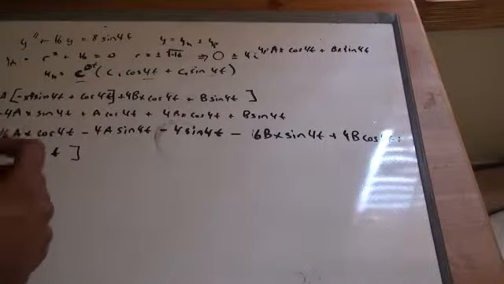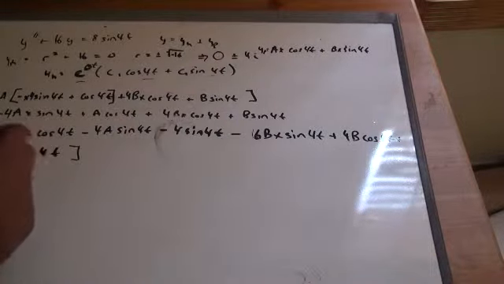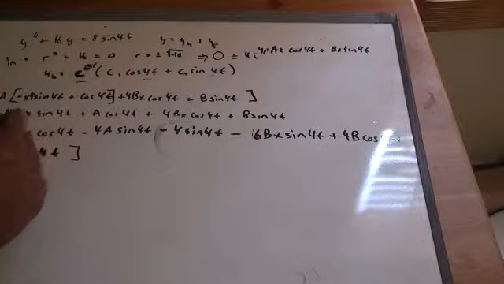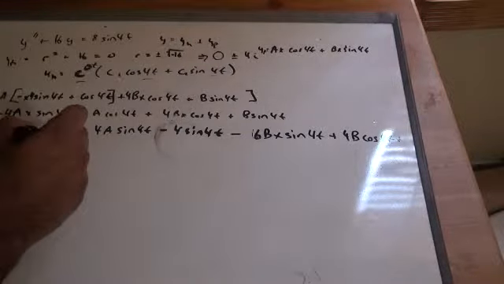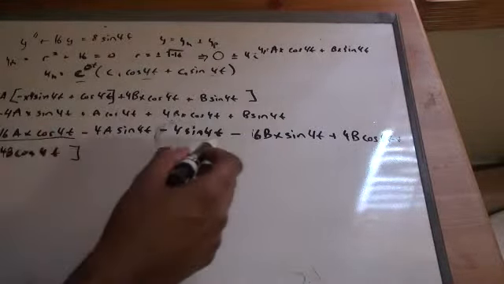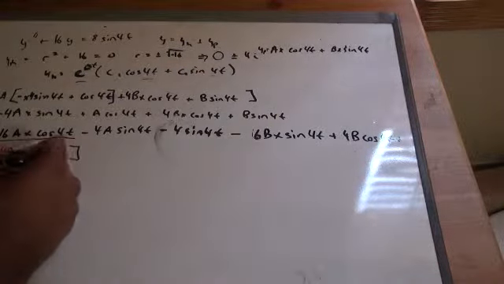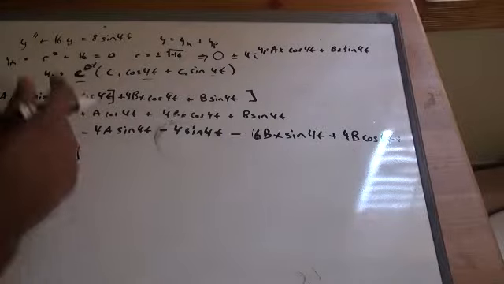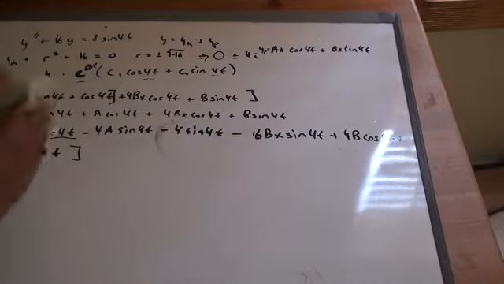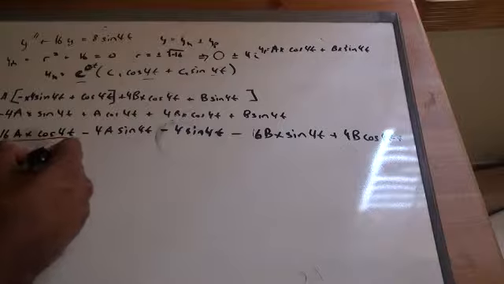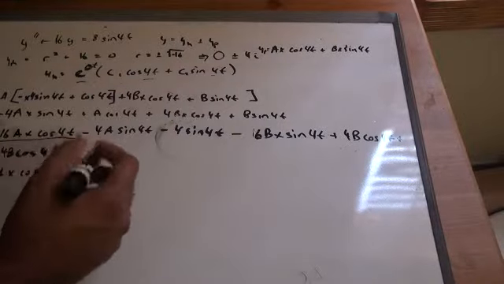Okay, and simplify this. Let's group the ax cosine terms. There's only one ax cosine term: negative 16ax cosine 4t.